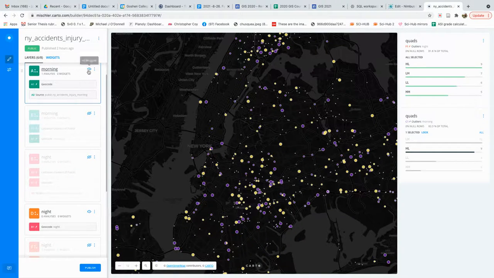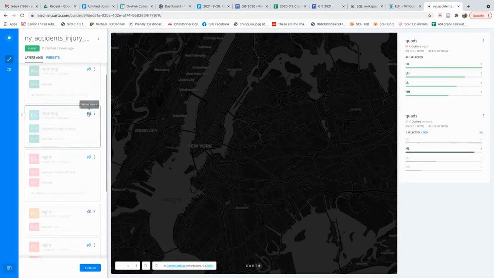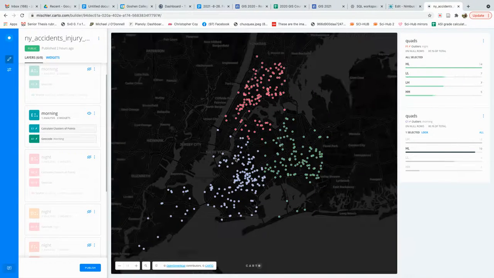I also did a clustering analysis, where I wanted to see naturally where the clusters were breaking out. I probably asked for too few clusters. It's no big surprise that in the morning there are these 3 clusters.